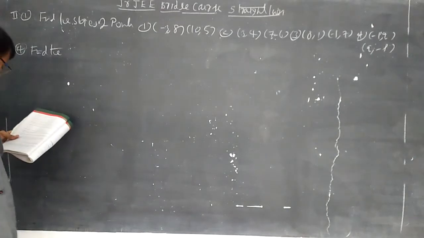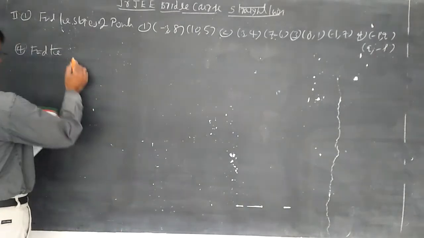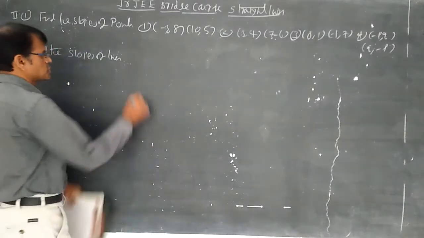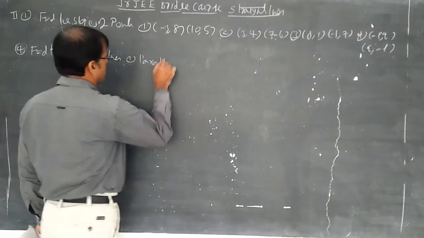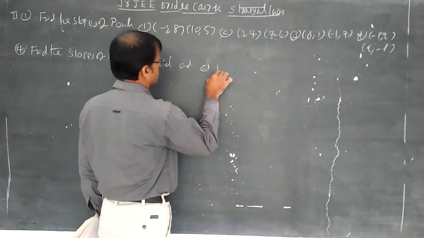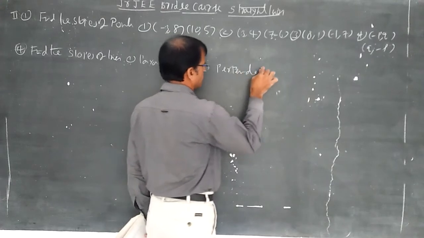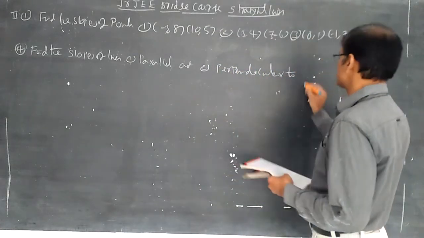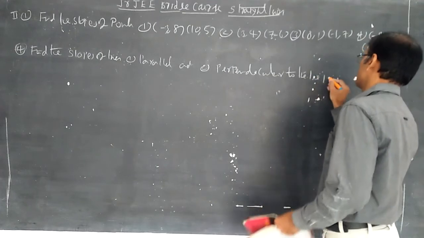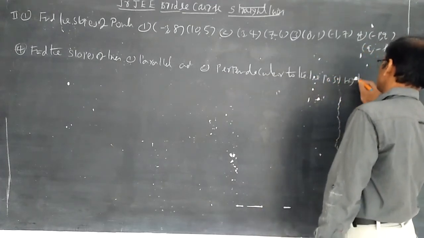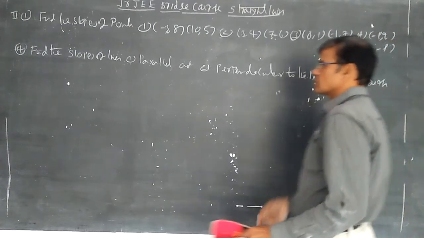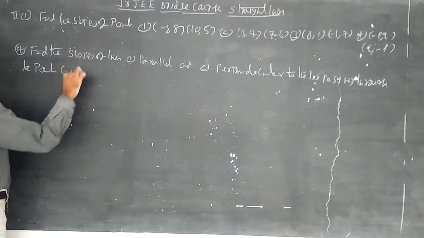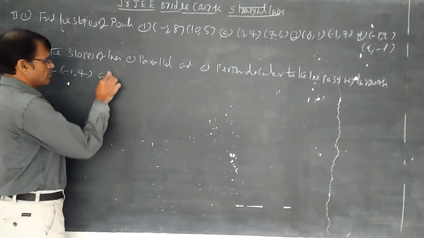Find the slopes of lines, first one parallel and the second one perpendicular, parallel and perpendicular to the line passing through the points (minus 1, 4) and (0, 6).